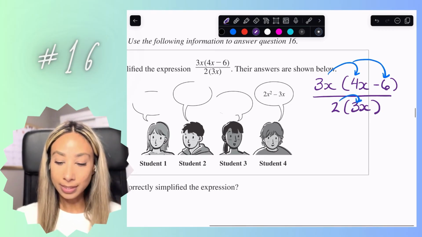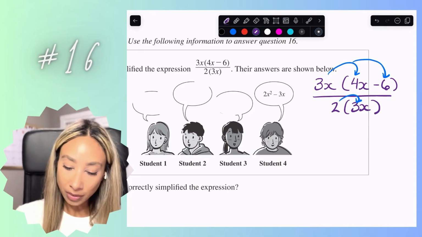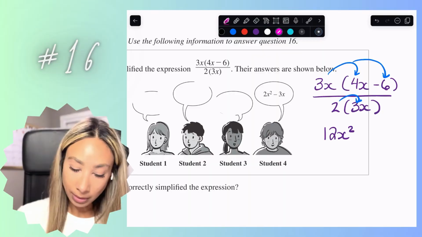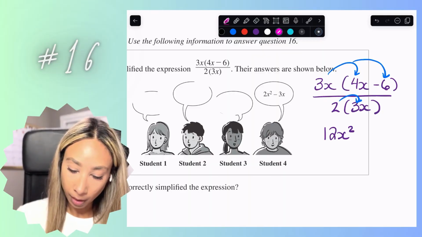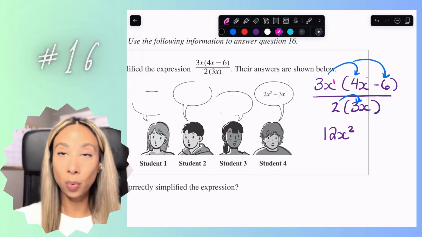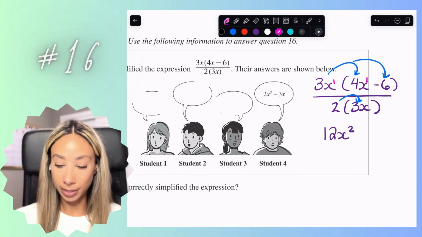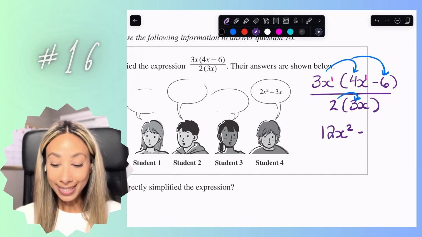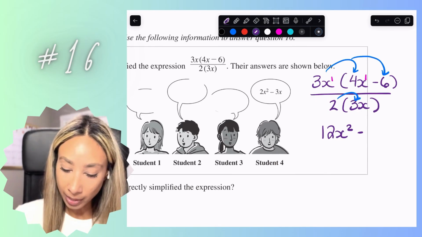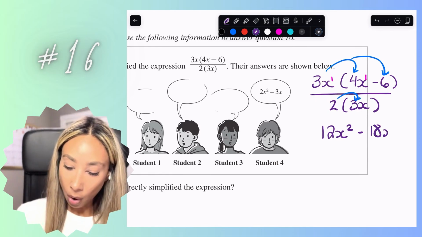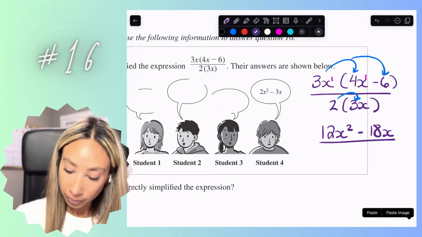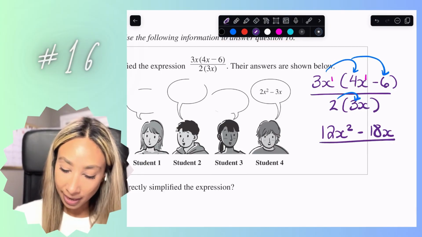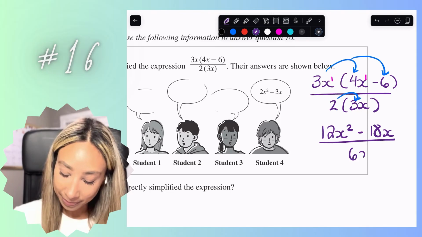So 3x times 4x, that's going to give me 12x squared. Now remember, with those exponents, it's 1 times 1, so we can add those exponents, giving us x squared. For the last one, it's just 3x times 6, so no variables there, so that's just going to be 18x over the bottom, which is going to give us 6x.